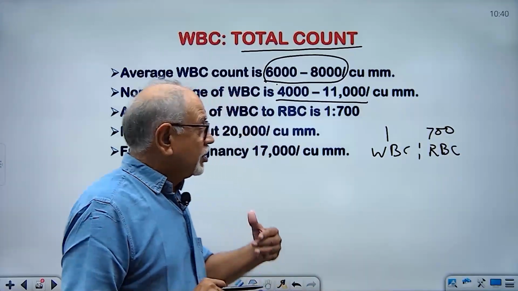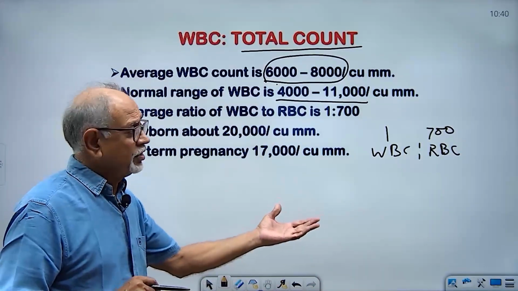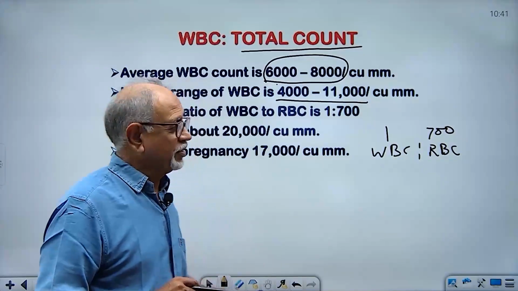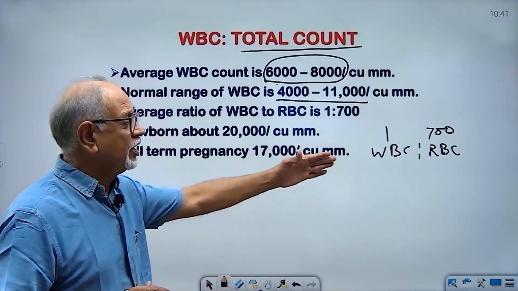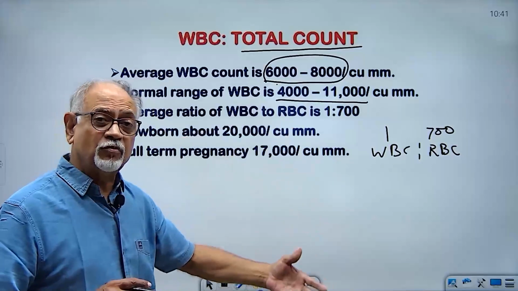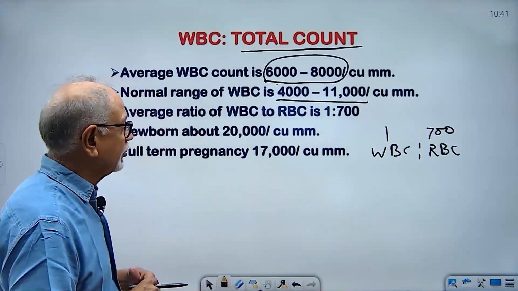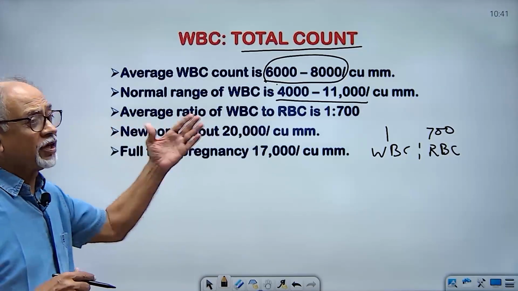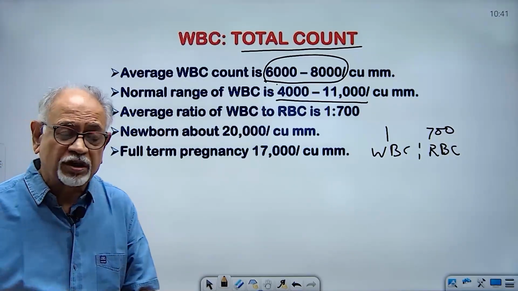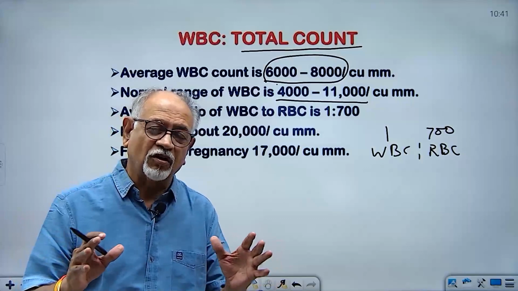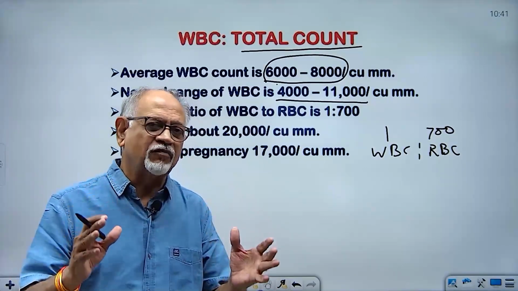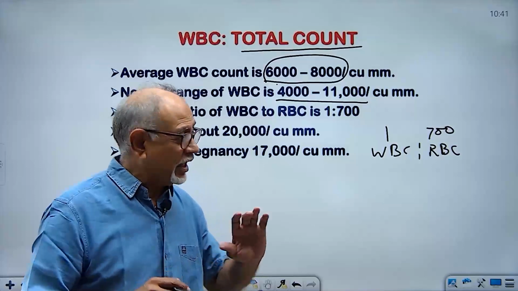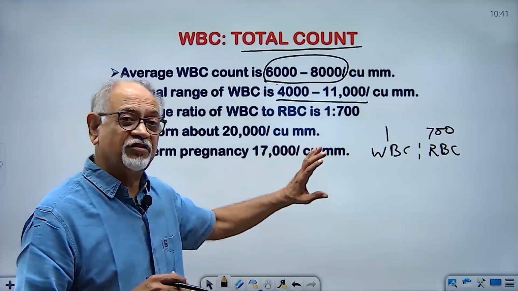But the production of WBC is 3 times more than the production of RBC, because the lifespan of RBC is very long, 120 days, and the lifespan of WBC is very short.